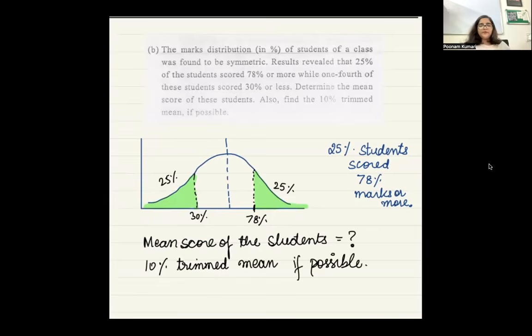Is that clear? Question is okay? Yes. Right? So basically, what are they telling you? I have 30%. The area to the left of it is 25%. I have one number, 78%. The area to the right of it is 25%.